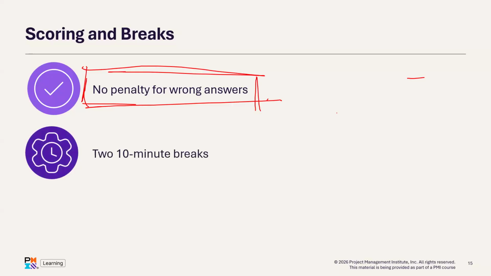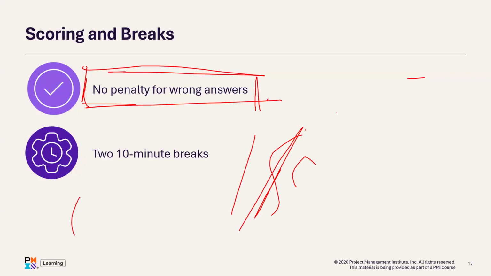Now, we talked about the fact that you are going to have 240 minutes. That's approximately 4 hours or thereabout. The 180 questions will be taken in 3 tranches.